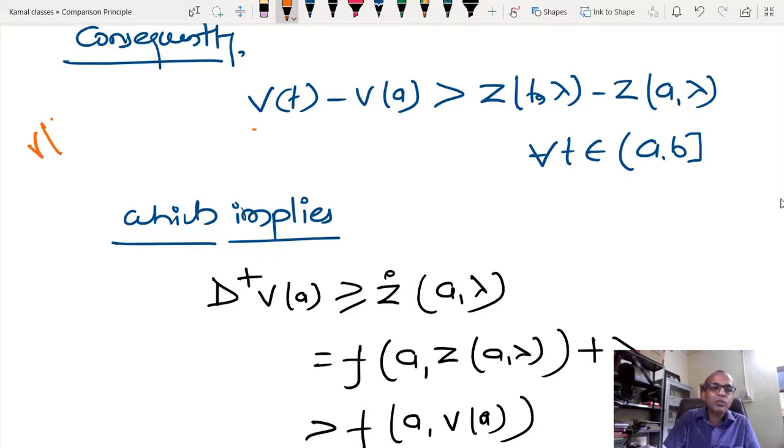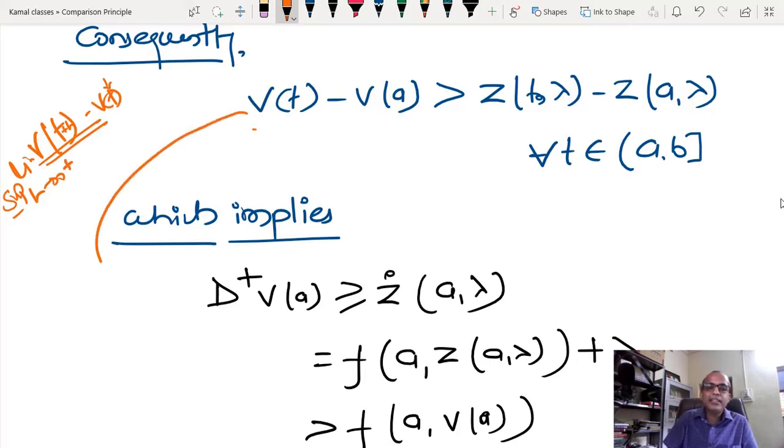Due to that reason I am going to take Vt plus h minus Vt, where t is nothing but you can assume a, and after that take the limit h tending towards 0. Since this is a sequence, I am going to take the supremum of this. Finally, if you see it by right hand derivative, then basically this is converted like this.